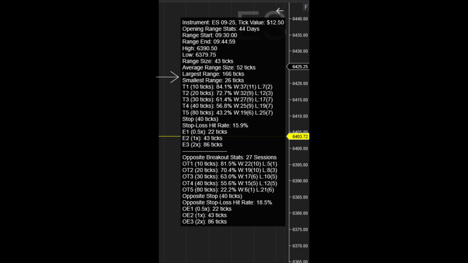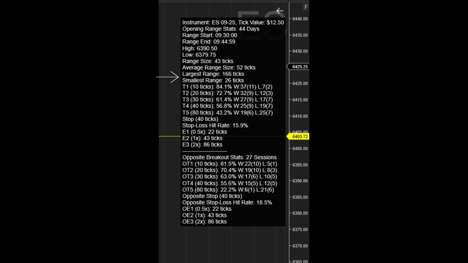The largest range is 166 ticks. That was clearly on a news day. So that was probably NFP or CPI that caused that range to be so large opening up. And then we had our smallest range day of 26 ticks. So you can look at the range as it's being formed and as you're trying to decide, do I want to trade this today or don't I want to trade this today?